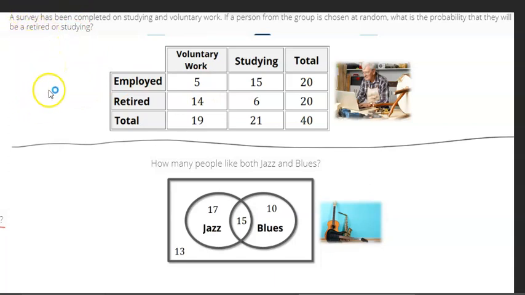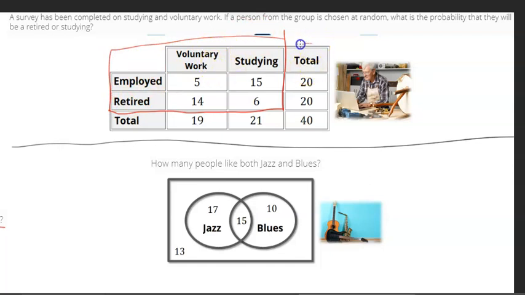So right here, we've got quite a few cells within this table. What we're used to from the previous questions is just seeing this two-way part here, because this is the part that has the information about the two different subcategories.